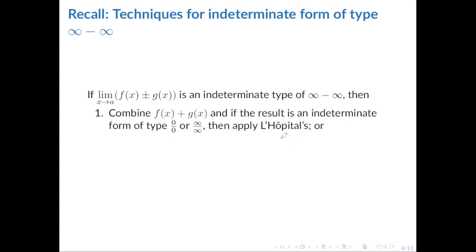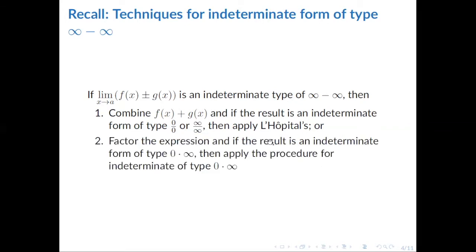So kung ang lalabas ay indeterminate form of type 0 over 0 or infinity over infinity, apply natin yung L'Hopital's rule. O kaya naman, i-factor natin yung expression and kapag ang lumabas ay indeterminate form of type 0 times infinity, then i-apply natin yung kaninang itinuro na procedure kapag ito yung lumabas.